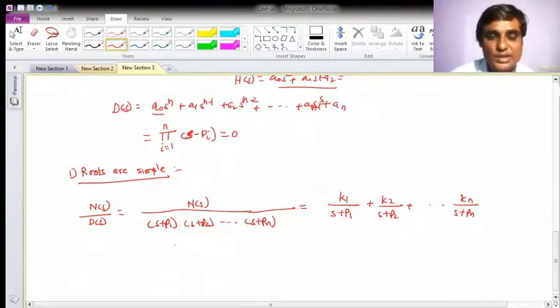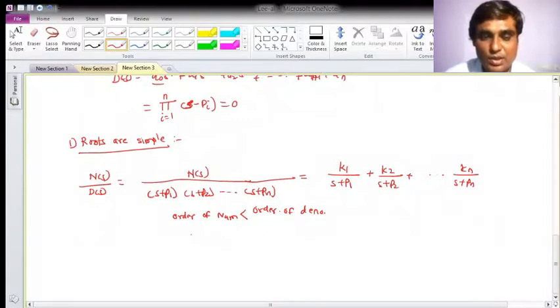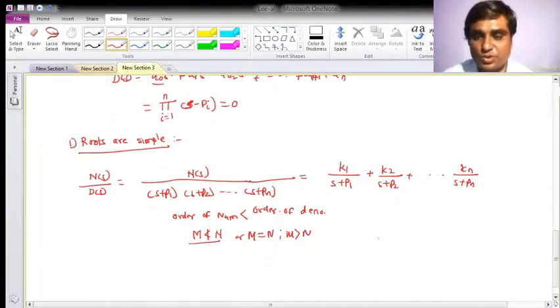Now again note that while we are applying the partial fraction, we have to check the condition that the order of the numerator has to be less than the order of the denominator. If not, then what to do? Let's say my order of numerator is m. If the order of numerator is equal to or greater than the order of denominator, what is to be done?